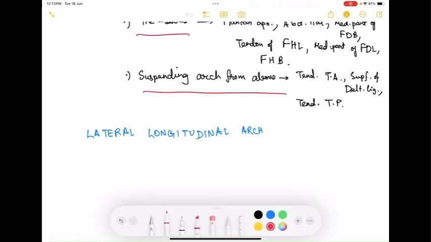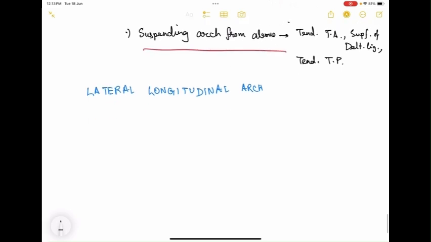So now let's go on to the lateral longitudinal arch. Let's draw a nice diagram. I hope you know who this guy is, right? It's the talus, looking like a helmet. This guy is calcaneus.